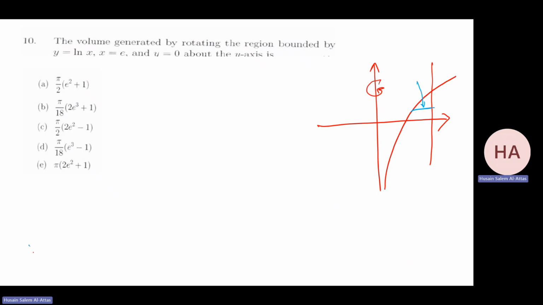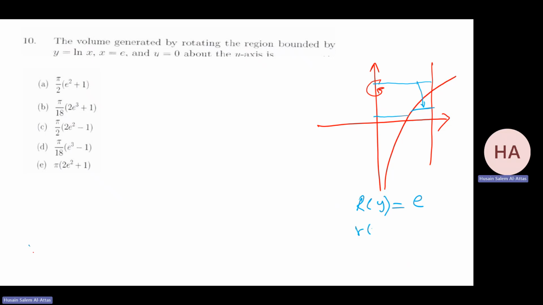So to get this line, I need the upper one minus the small one. So I have R of y, which is what? e. This is the upper one.